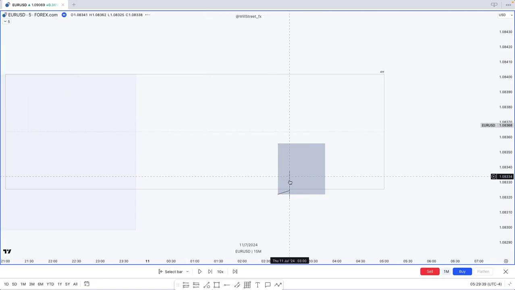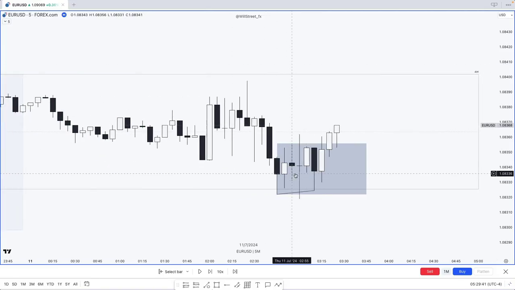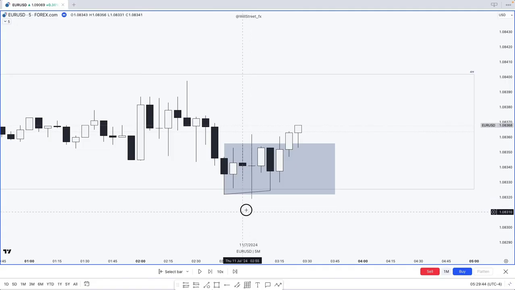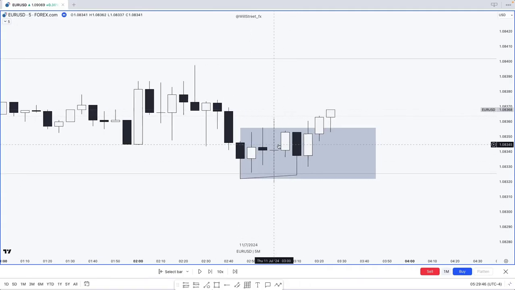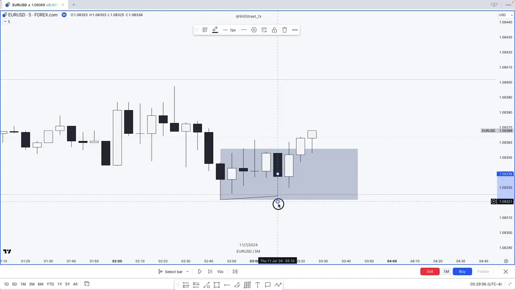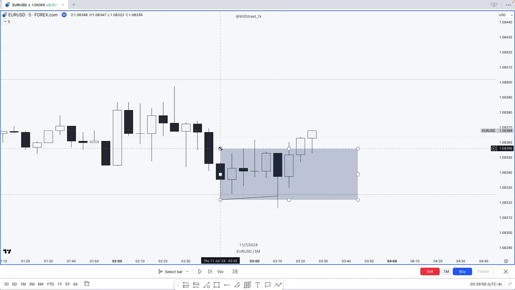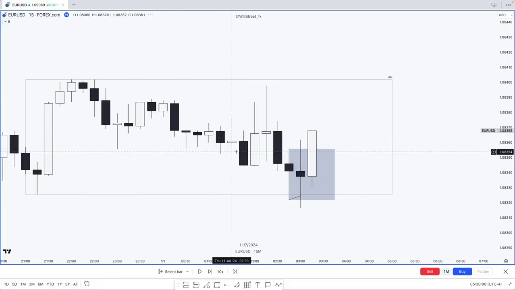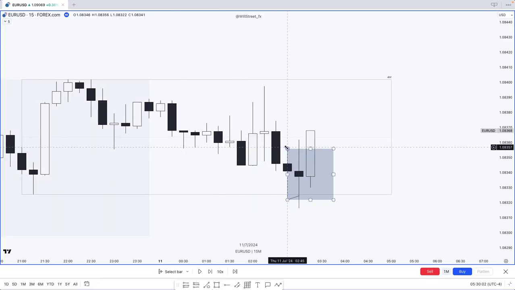So let's go to 5 minutes to refine our entry. Sorry, it is not this, it is this one. And the range, it will include this one.